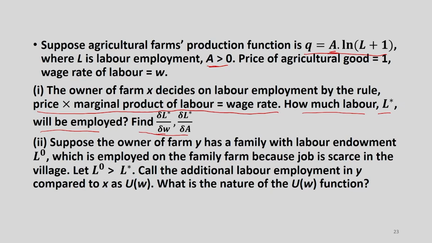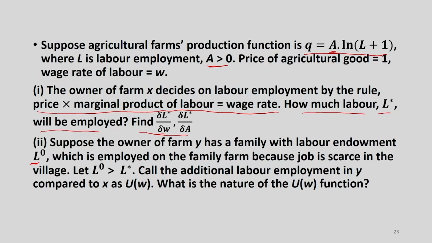Second part: suppose the owner of firm Y has a family with labor endowment L0, which is employed on the family farm because jobs are scarce in the village. L0 is greater than L star.